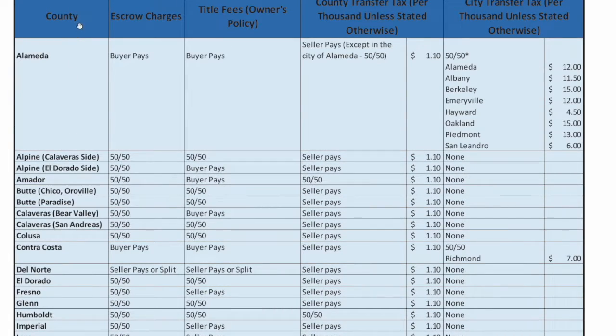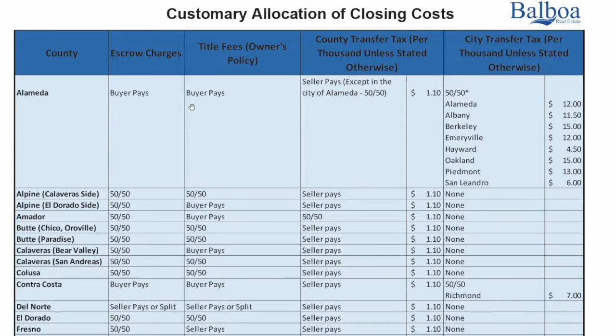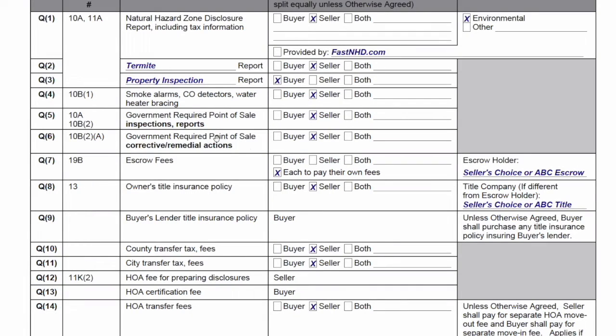So in Southern California, it's fairly universal that the seller pays for the owner's title policy, and then the escrow fee is split by both parties. I'll link to this in the description of the video, and you can use that. But we're going to fill this out as if we're in Southern California, and we're going to have the seller pay for the owner's title policy, and each pay their own for escrow. And that's how it's done in Southern California.